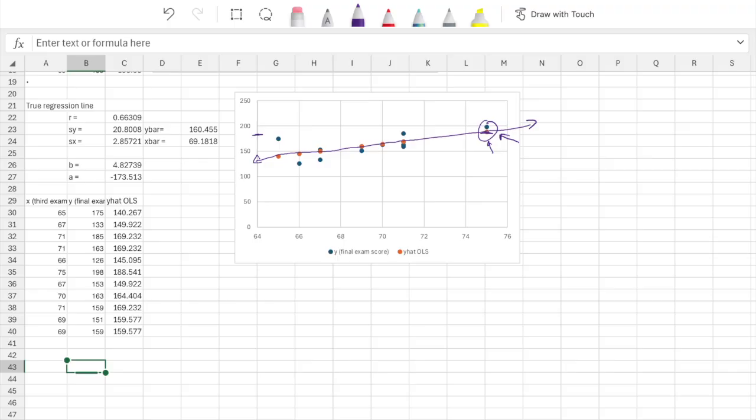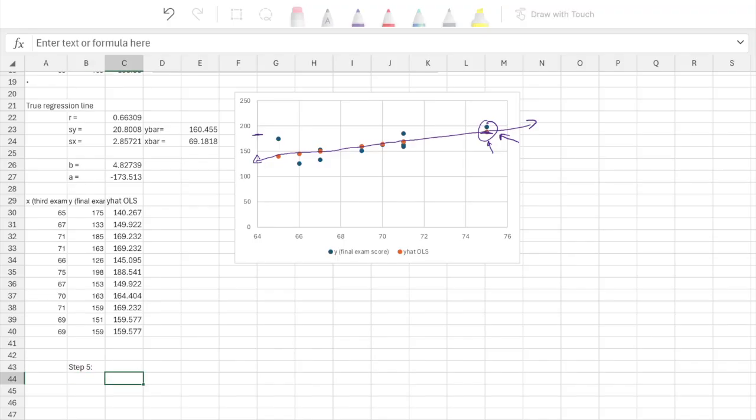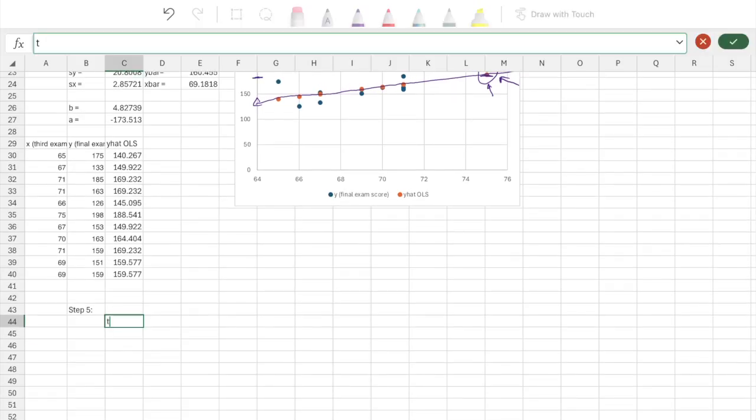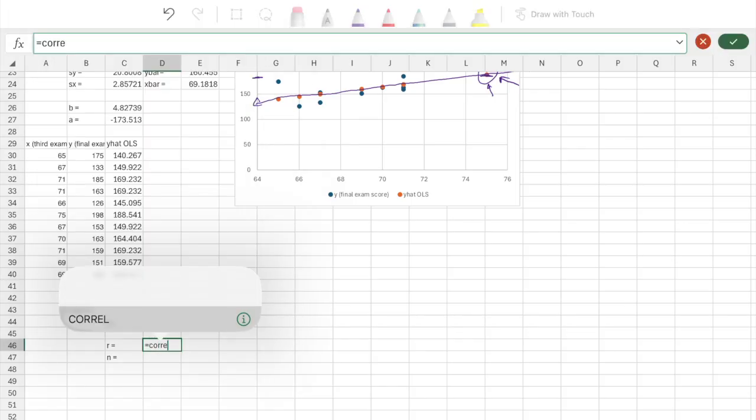Let's find our test statistic. So this is going to be our step 5. And so this is going to be a t-test. But in order to find t, I need r and I need n. That's really about it. So r is going to be this Corel function.